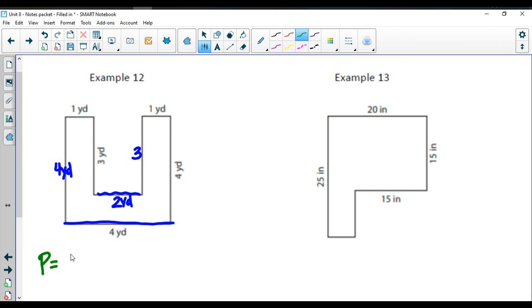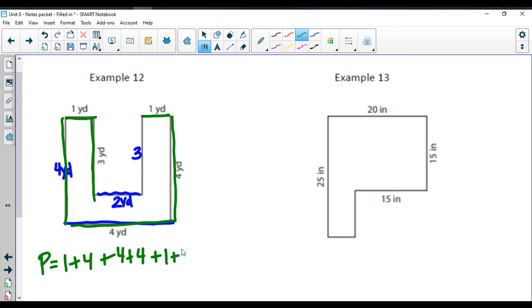So perimeter is equal to, so I have 1 plus 4 down this side, plus 4 across the bottom, plus 4 up this side, plus 1 across the top, 3 down, plus that 2 that we had to figure out, plus the 3 going up here.